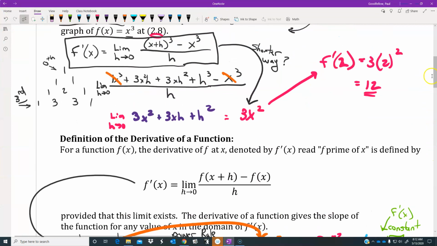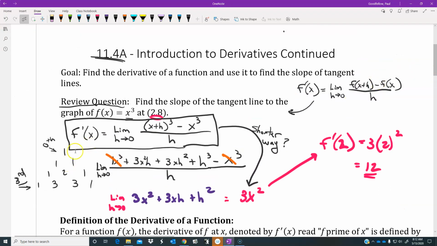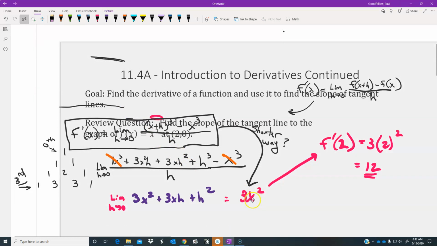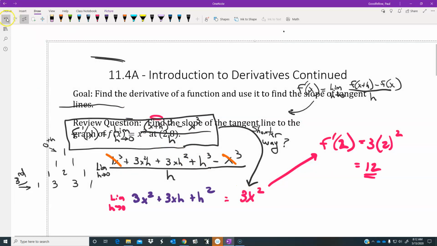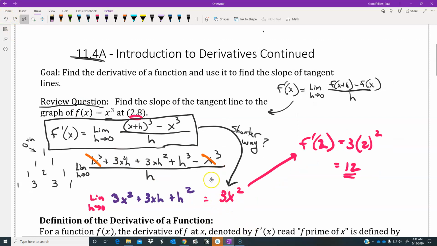We saw that the original function was a cubic, but its derivative down here was a square, or better yet, a parabola.